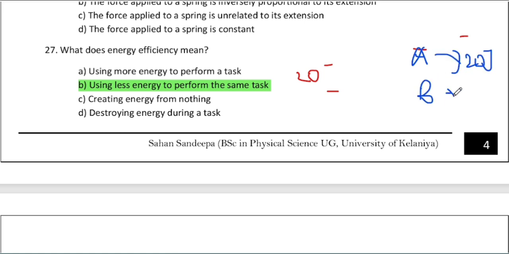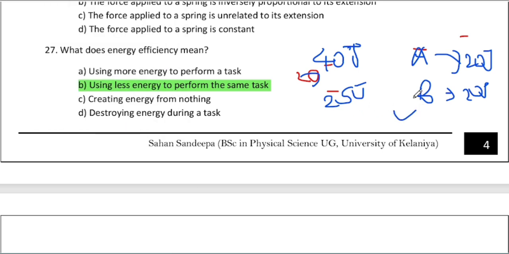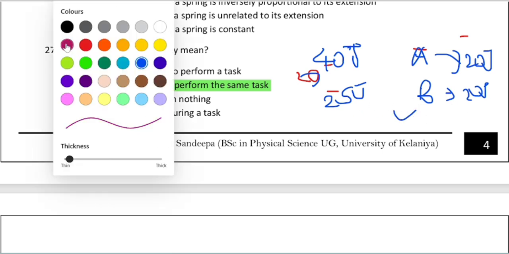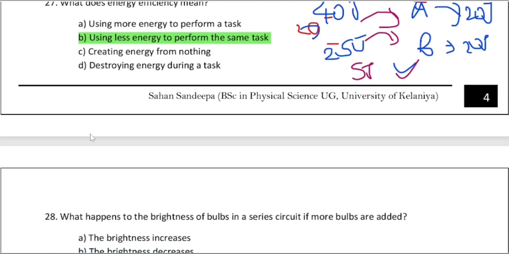Bulb B is also doing a job of 20 joules. Bulb A needs 40 joules of energy, but bulb B just needs 25 joules, right? So which one is the most efficient? Bulb B. It wastes just 5 joules, but bulb A wastes 20 joules. So using less energy to perform the same task. Answer is B, efficiency.